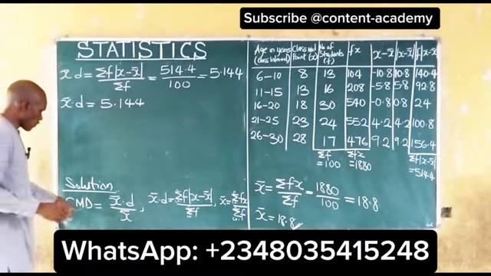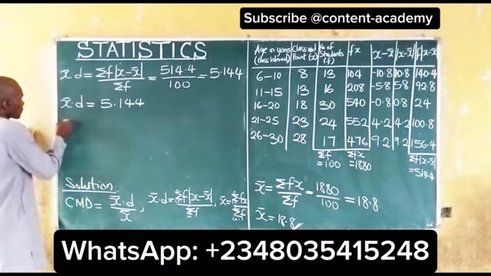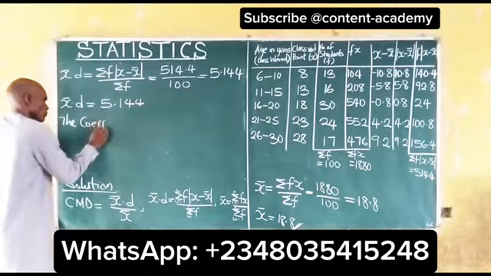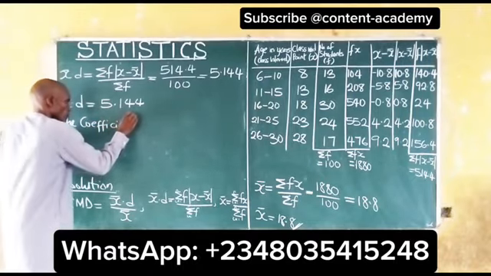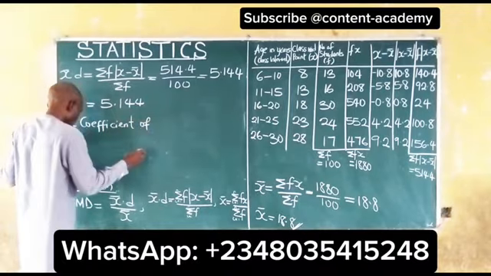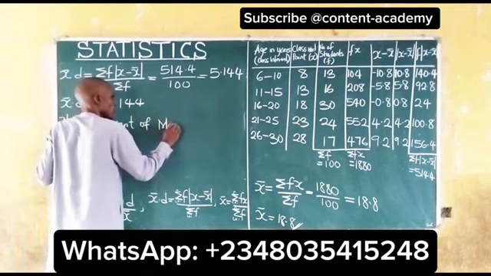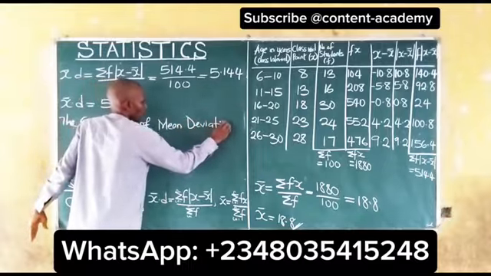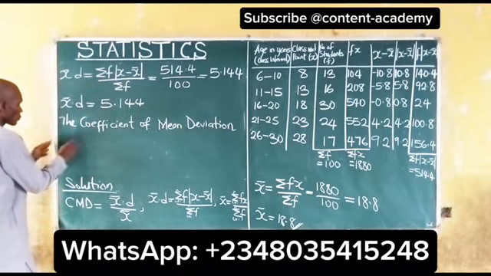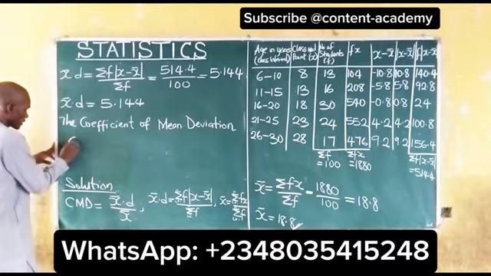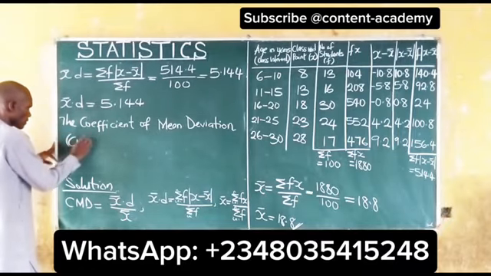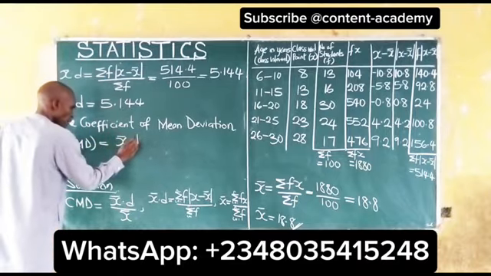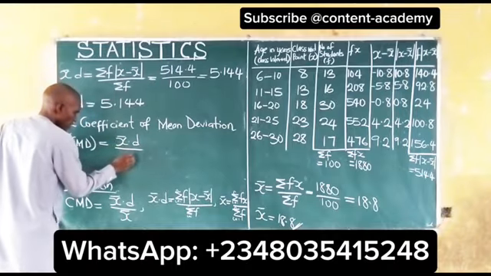Now, the coefficient of mean deviation, that is CMD, is equal to the deviation all over x bar.